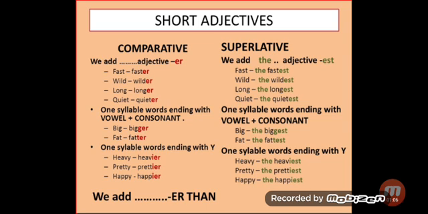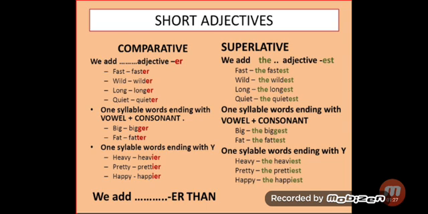Degrees of comparison of monosyllabic adjectives. Monosyllabic adjectives form the comparative degree by adding the suffix er to the positive degree, and the superlative degree by adding the suffix est.